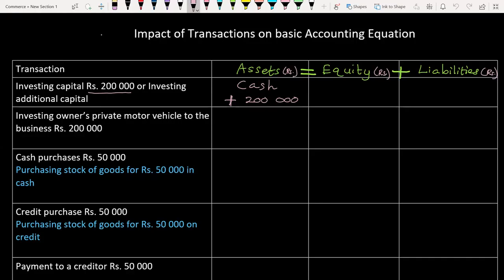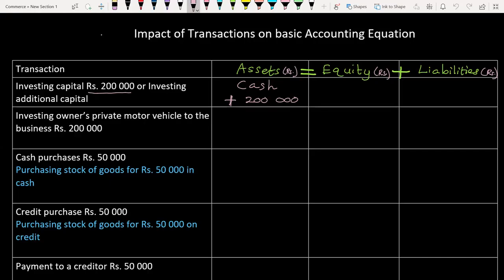As I told you in the beginning, we probably have two impacts. So what is the second impact? Now this cash amount belongs to the owner of the business. This means the assets belonging to the owner will increase because of this transaction.